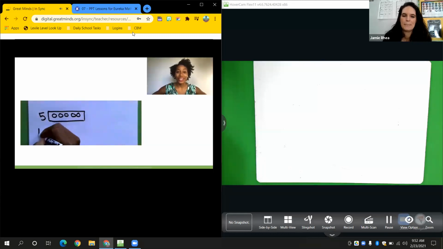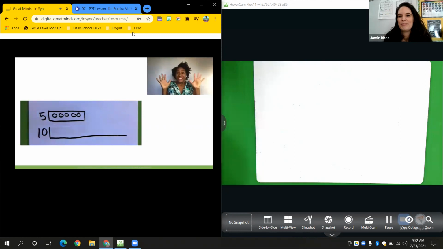Let's do one more. This time, I'm going to draw a rectangle that would hold 10 dots. Tell me when to stop. Okay, I'm stopping. This time, our rectangle was much longer. Why, mathematician?